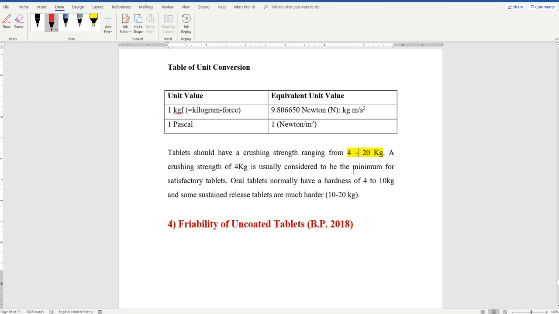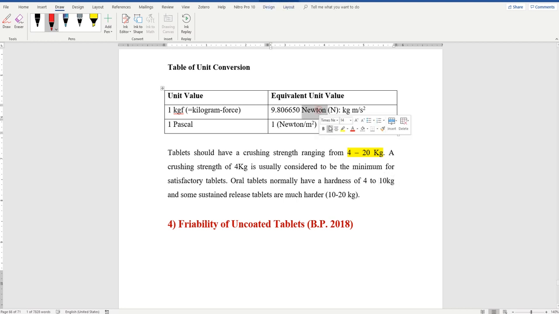Of course, if you go from 10 to 20, then you are going to harder tablets, maybe because you want sustained release tablets. If you go to 4, then maybe you want something softer that can dissolve very quickly. In many cases, normal tablets have a resistance to crushing of about 10 kilogram.